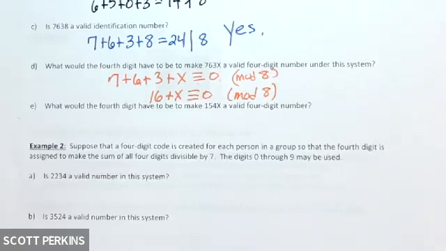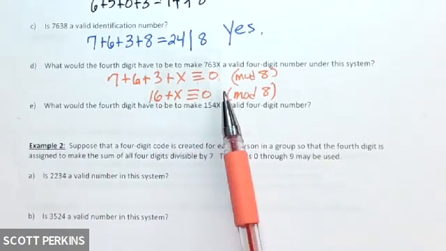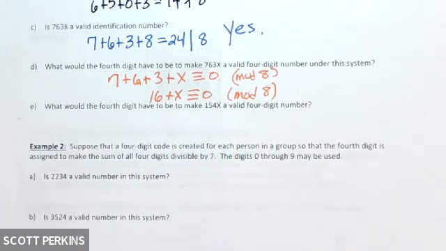If you are savvy with your arithmetic and you can figure out just by looking at it what is divisible by 8, then great, you can write down the answer. If not, then this is an example of a problem we did in class last section. We treated this like an equation and we subtracted the 16 from both sides and then figured out what congruence class it was in.